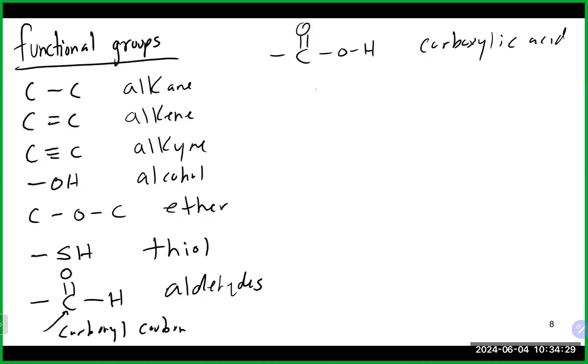You could also have a carbon oxygen double bond to an oxygen. That is what is referred to as an ester. Those are ones that are responsible for a lot of the smells and fragrances that we smell, like bananas and that type of thing. You could also have some nitrogen containing group like an NH2.